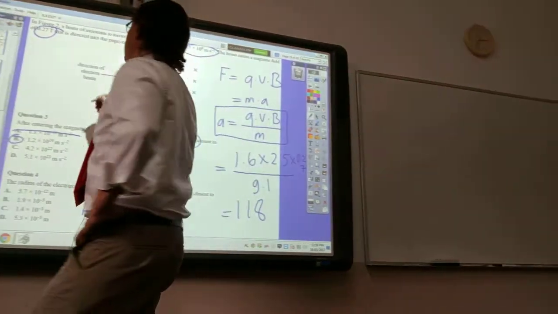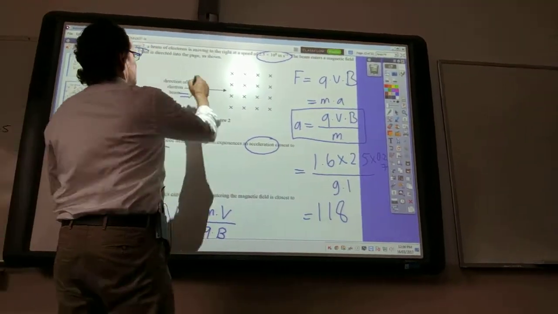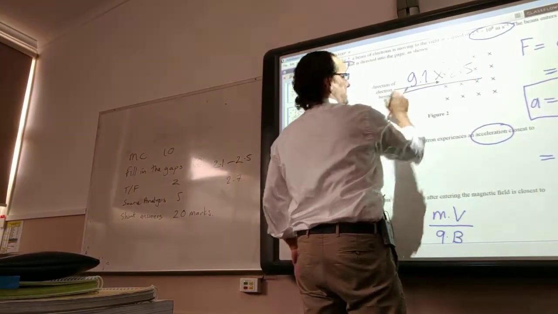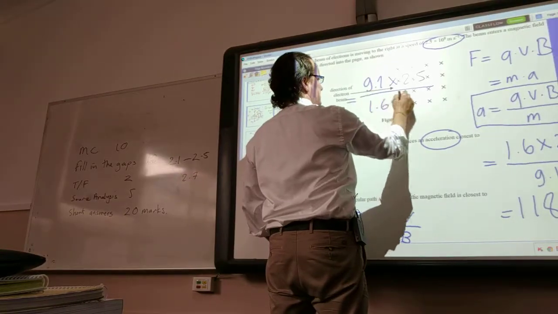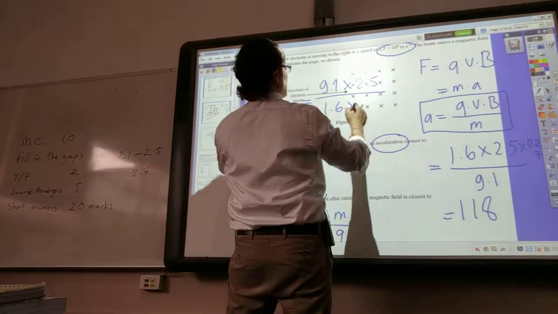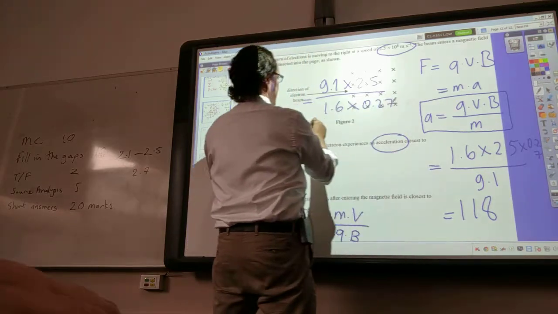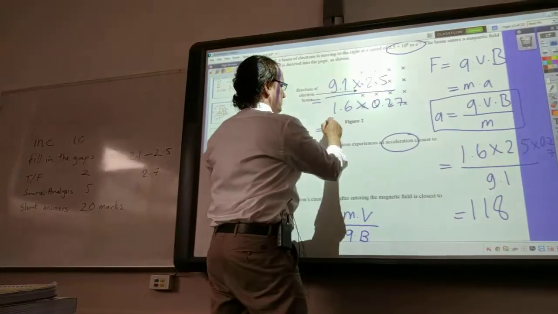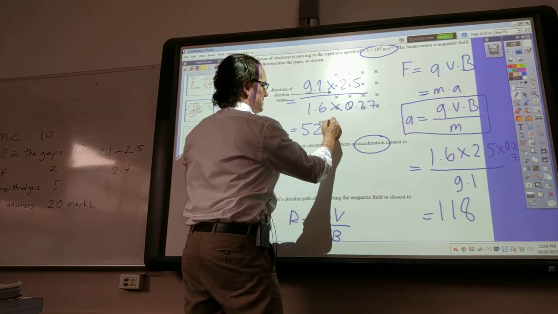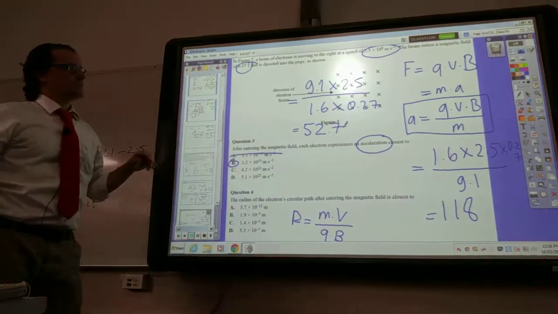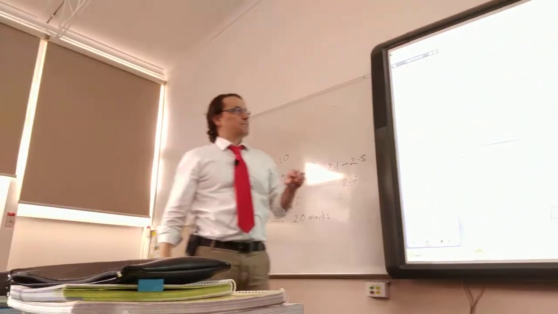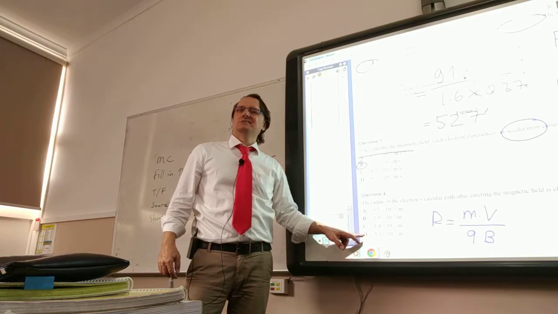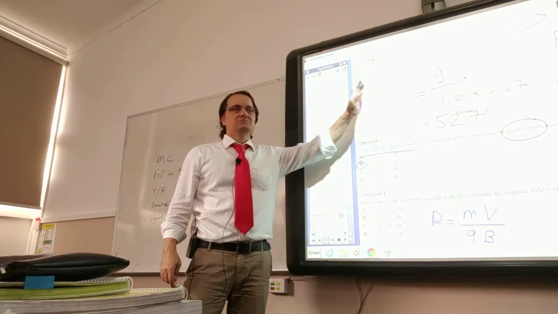According to my method, it's going to be 9.1 times 2.5 divided by 1.6 times the magnetic field 0.27. What do you get after that? You get 52.7. Now, it's D.